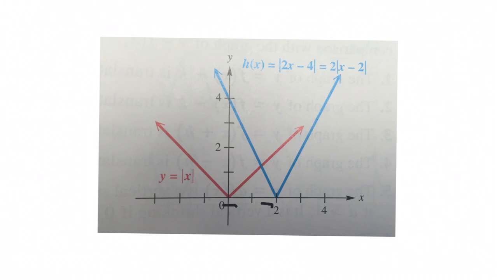And it's just made narrower, which would be a vertical stretch. It would also be a horizontal shrink. So either way you would have said it, it would have been okay. I like this way better, though, because I like if we can get rid of the number in front of the x, if possible.